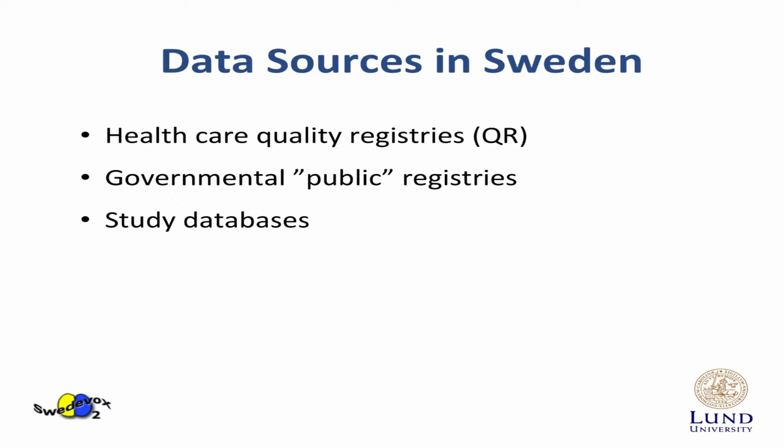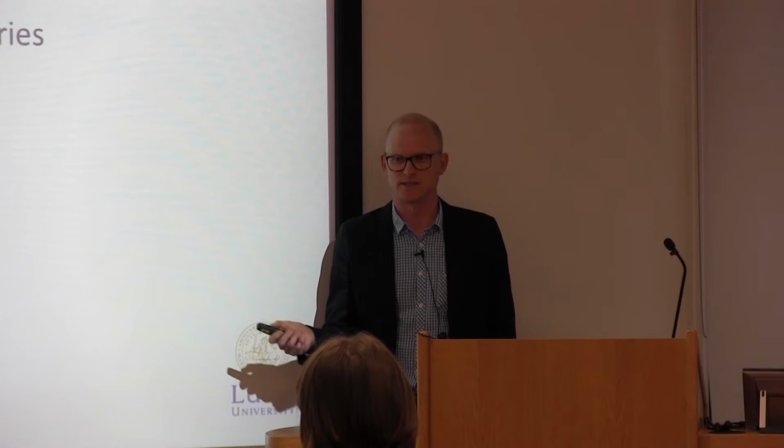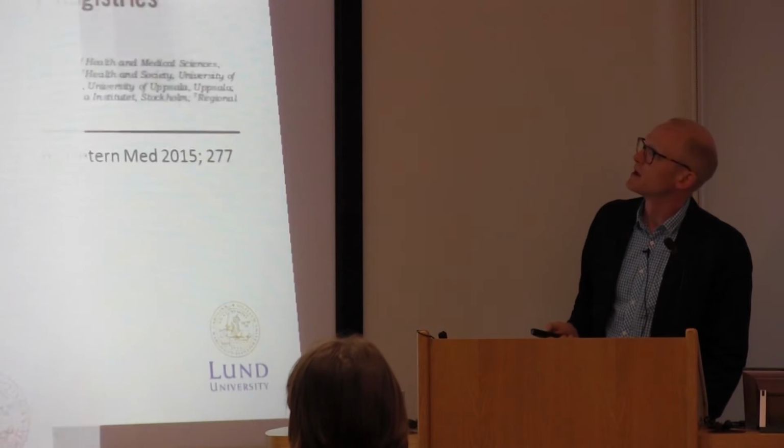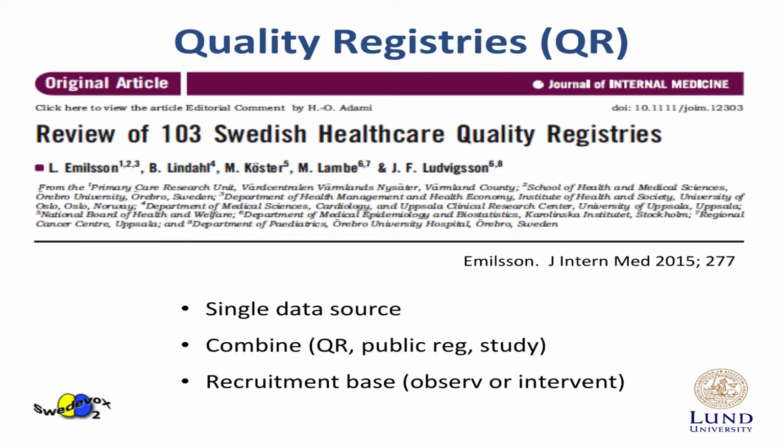So we've got different data sources. We've touched on the quality registers. We have got the public registries that are run by the government directly. And we've got the study databases, of course. That's regular studies that someone has done, like population-based studies somewhere in the country. So if we start off with the quality registers, there was a very good paper, I think, published last year, which I really recommend.